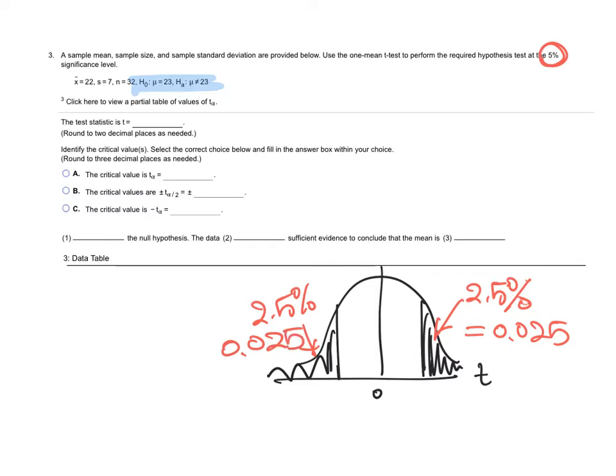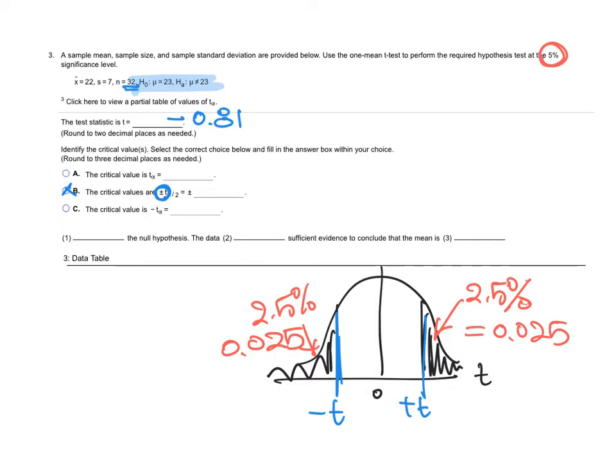Now we can take the test statistic. By the way, the test statistic is negative 0.81. And the critical value, again, must be plus and minus, the -1 here and +1 there, because it is two-tailed. And the degree of freedom is 31 again.